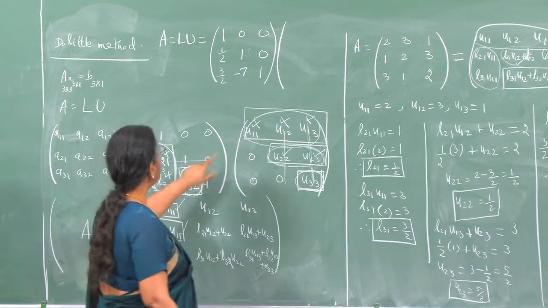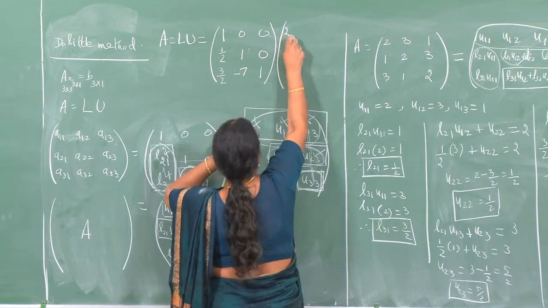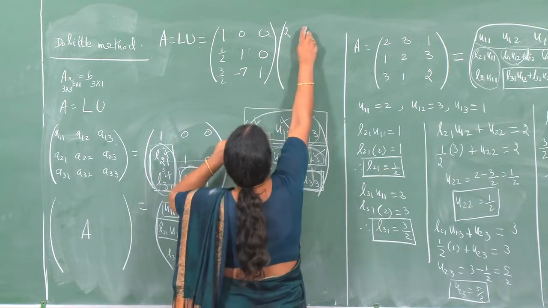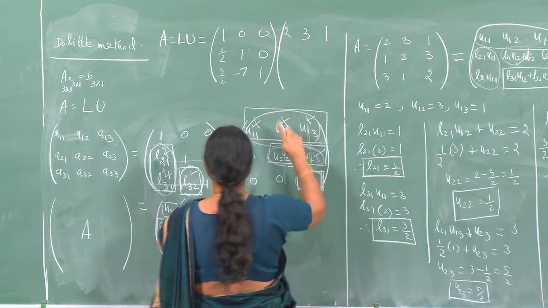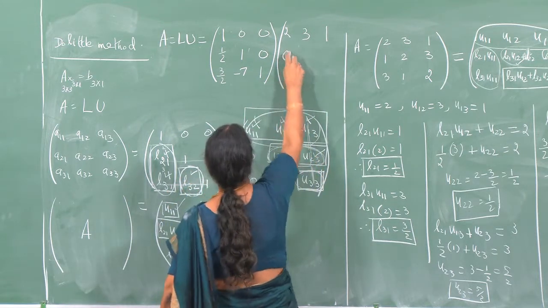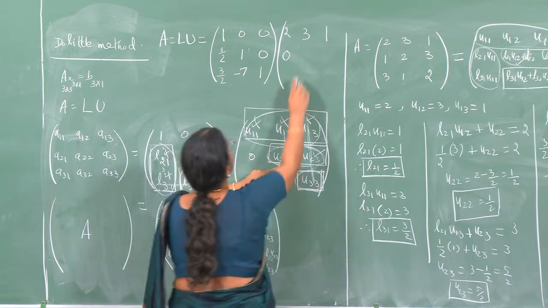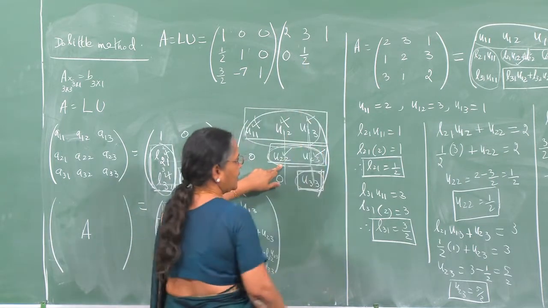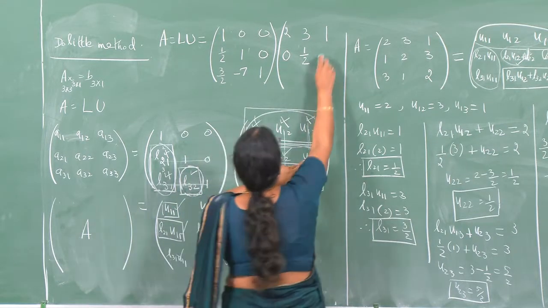We write down U: U11 that is 2, U12 3, U13 is 1. It is an upper triangular matrix. So, 0, U22 that is half, and then U23 5 by 2.